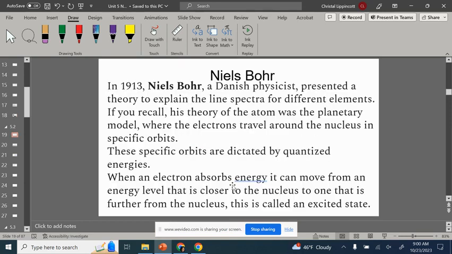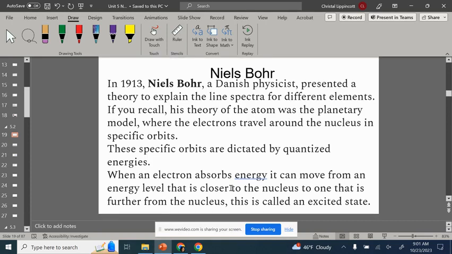Bohr then presented a theory. We talked about his atom last unit in unit 4. He said that electrons are going to travel around in specific orbits, and each electron absorbs energy and bumps up an energy level, but it's not stable, so then it falls back down and gives off energy in the form of light or other radiation.